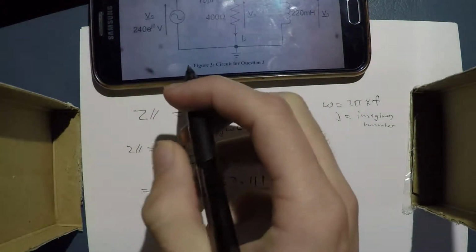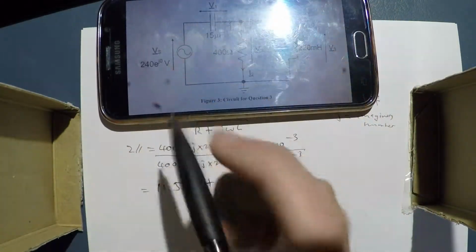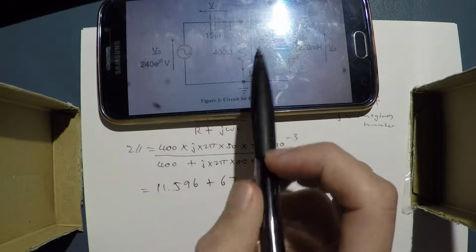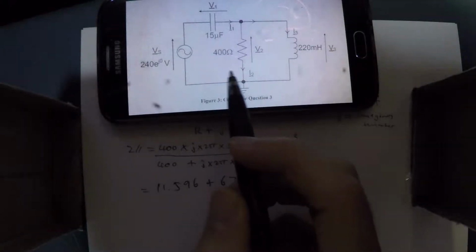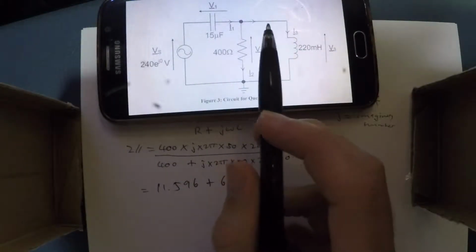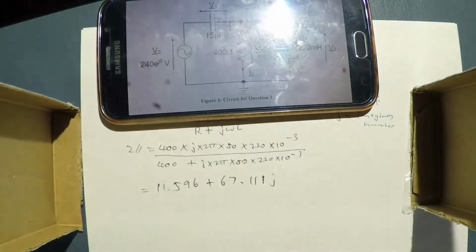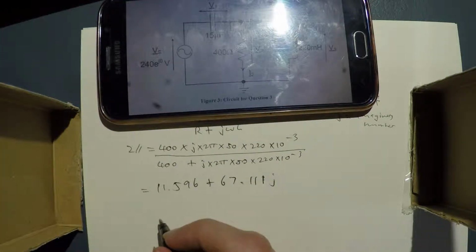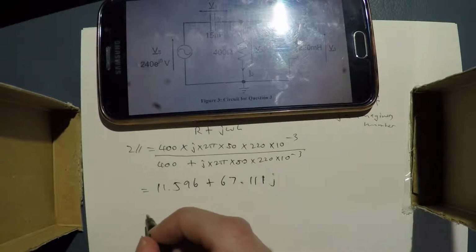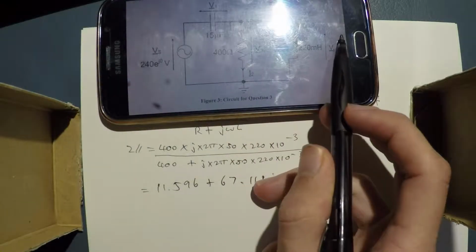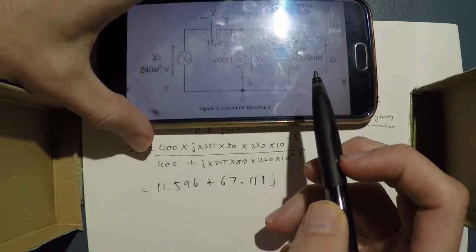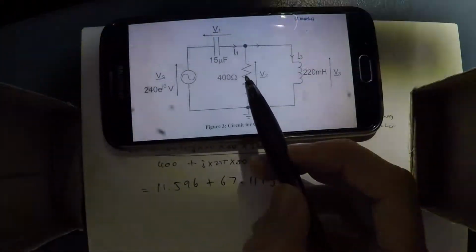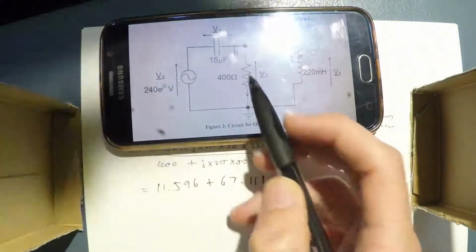I'm now going to do a voltage divider to find the voltage drop across these two combined components. V2 and V3 are equal to each other.